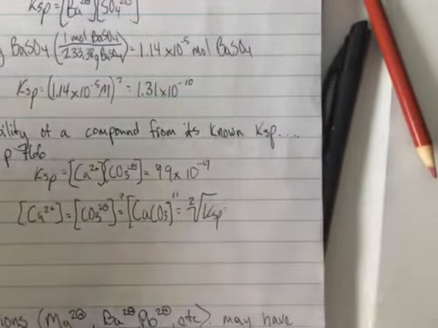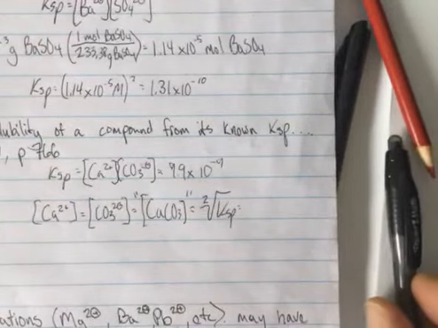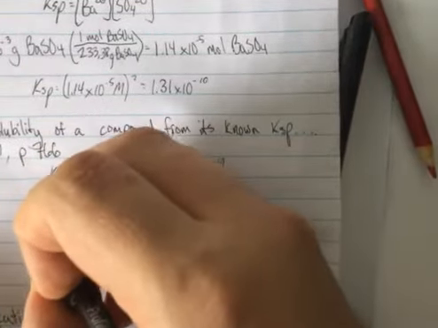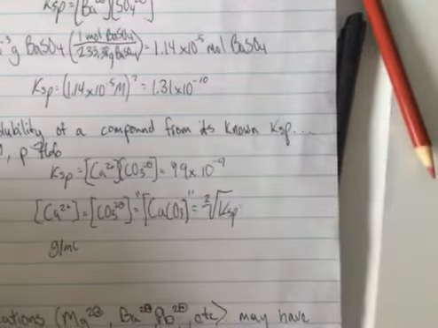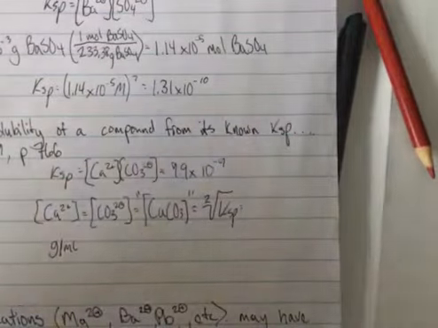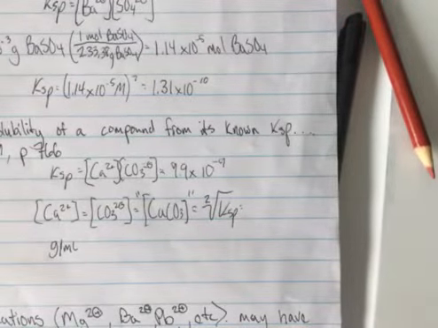This is going to be the concentration. The question was asking for grams per milliliter, so grams per milliliter is the solubility. Why don't you take a couple of minutes and figure out what that gram per ml solubility will be.